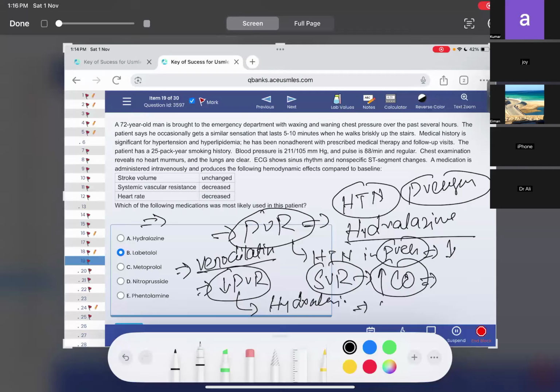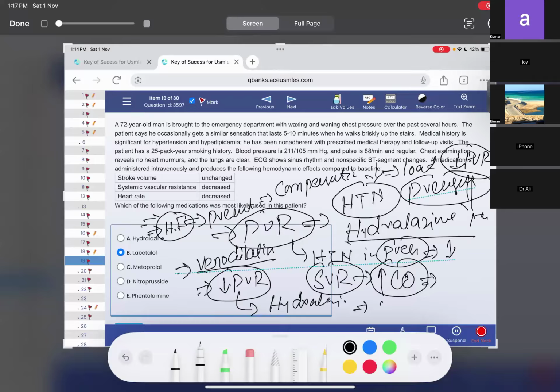We know that hydralazine is also used in heart failure, because the heart is in its compensation stage, and we have to decrease the load on the heart by decreasing peripheral vascular resistance by giving this patient hydralazine.